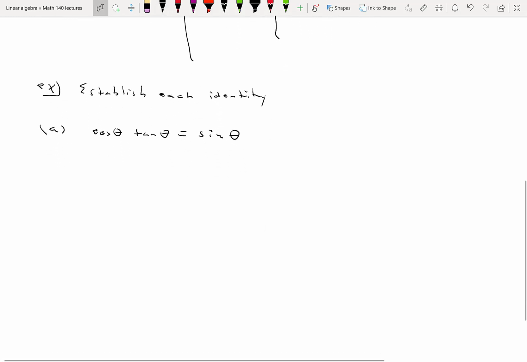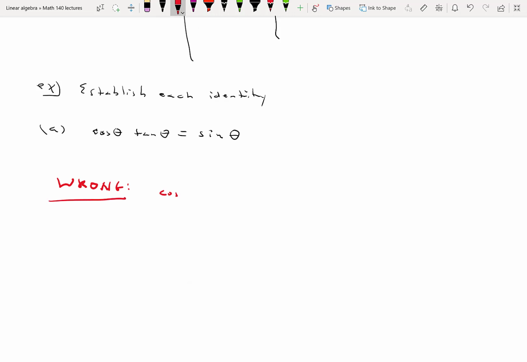Okay, so I'm going to do something wrong in red. It's wrong to start with cosine theta times tangent theta equals sine of theta, and then divide both sides by cosine of theta to get tangent of theta equals sine of theta over cosine of theta, which we know to be true.